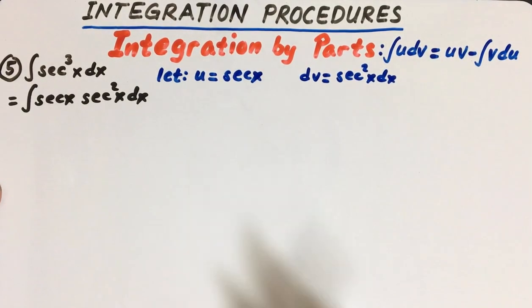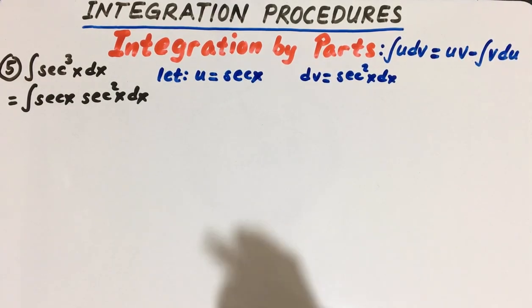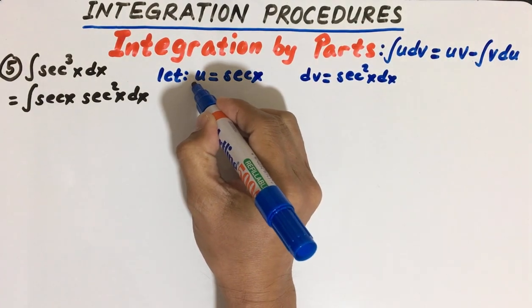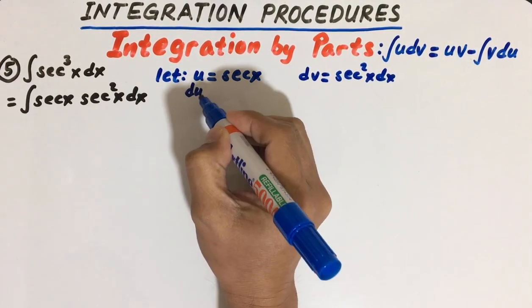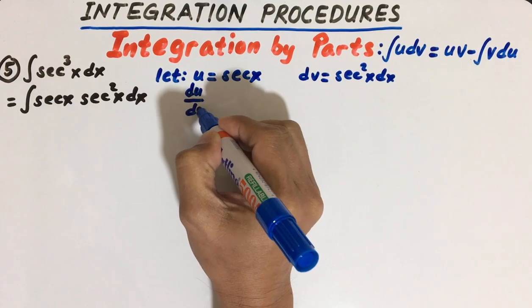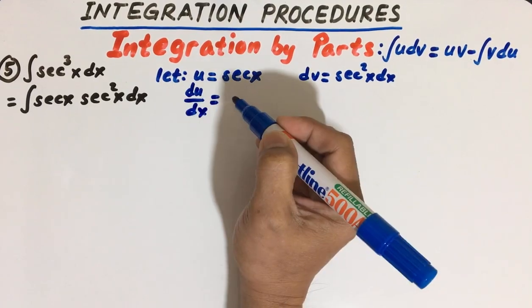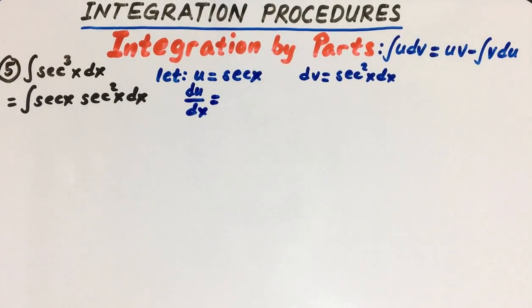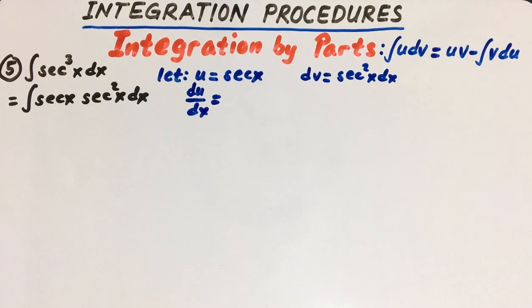Okay, so from here, if we take the derivative of u with respect to x, from our differential calculus, the formula is: the derivative of secant u is equal to secant u times tangent u du.